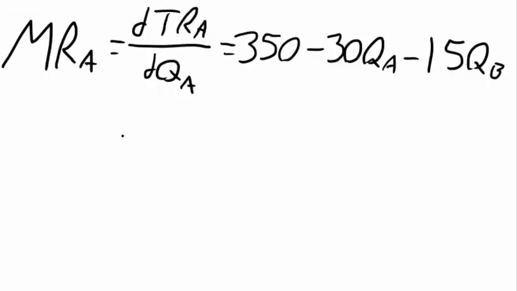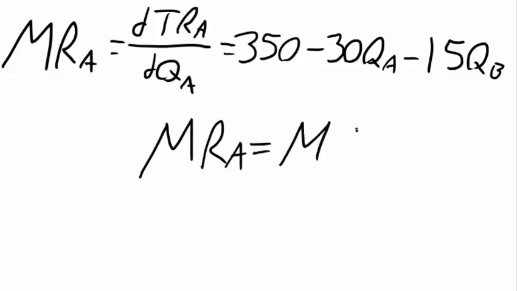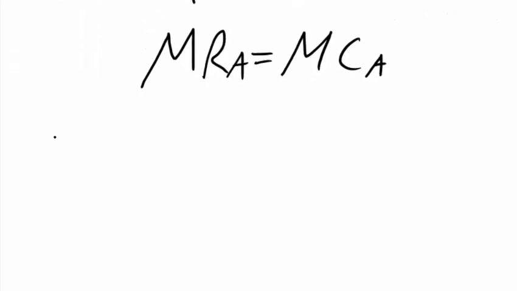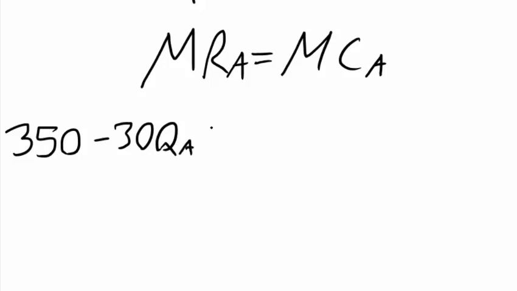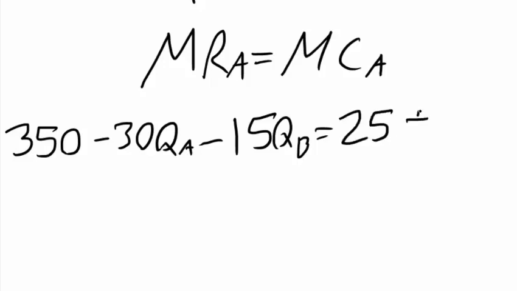So we now have marginal revenue of A, and we were given marginal cost of A at the beginning of this problem, so we would profit maximize using marginal revenue of A equals marginal cost of A. We have the marginal revenue, which is 350 minus 30 QA minus 15 QB, and that equals our marginal cost of A of 25 plus 3QA.